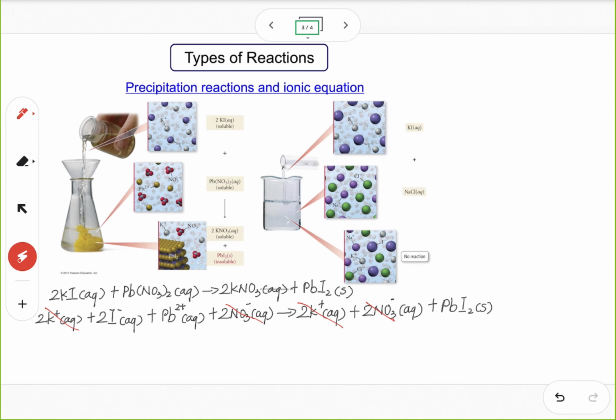All right, so you write this down to get the net ionic equation. All right. So this is the net ionic equation.